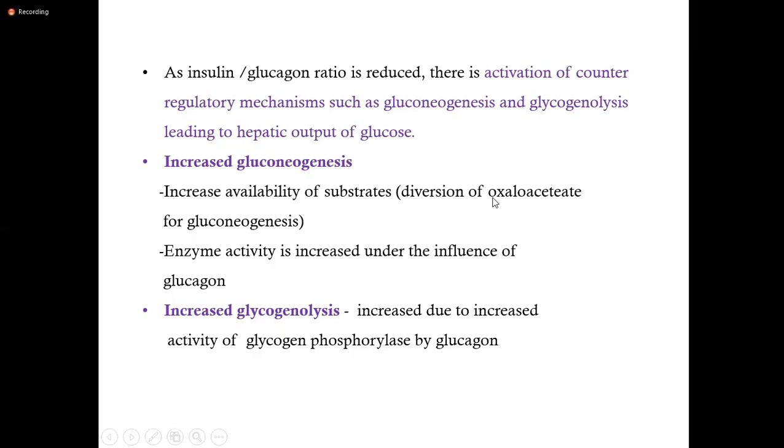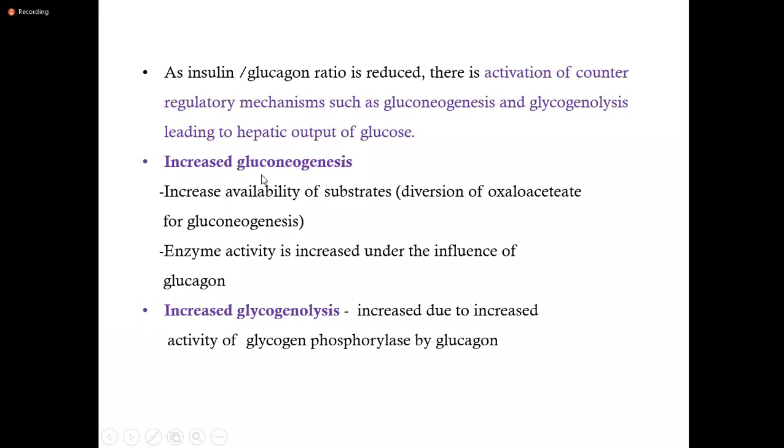So when that is suppressed, this oxaloacetate is involved more in gluconeogenesis. Because of increased substrate availability and the increased enzyme activity due to activation by glucagon, there is enhancement of gluconeogenesis in these patients.